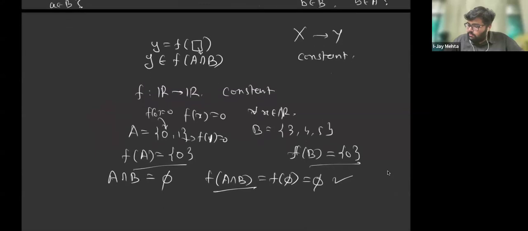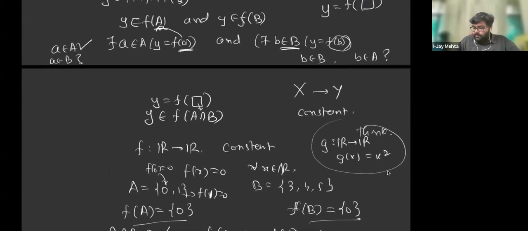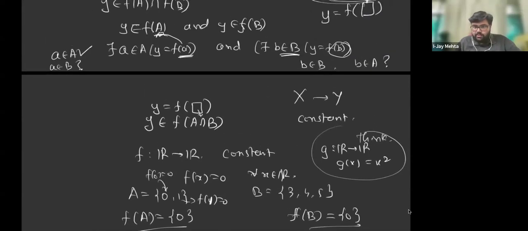Okay, so think about other functions. Somebody said x square. So think about g of x equals x square. There is a problem when we go to intersection.